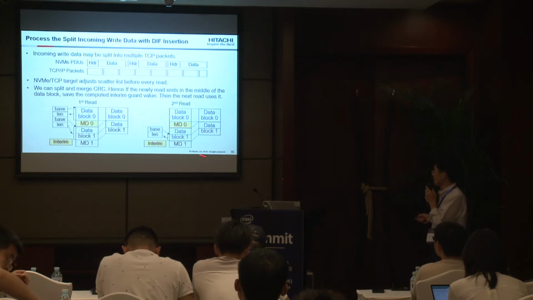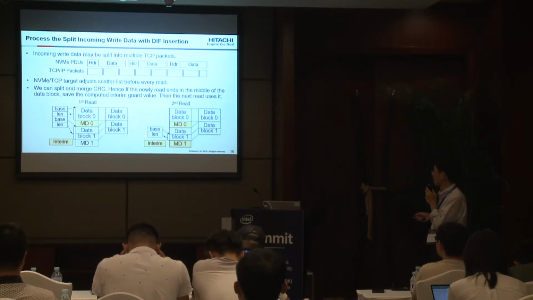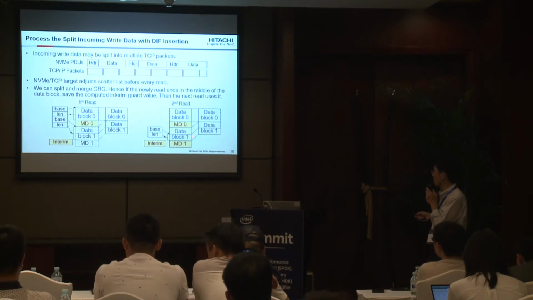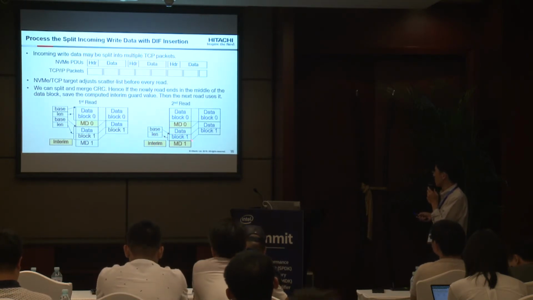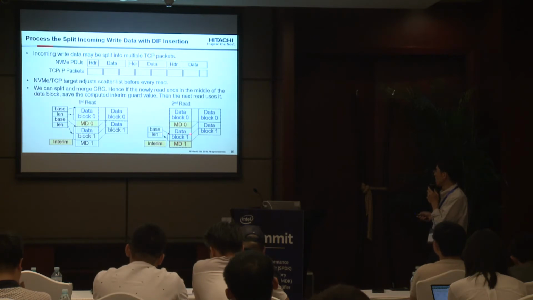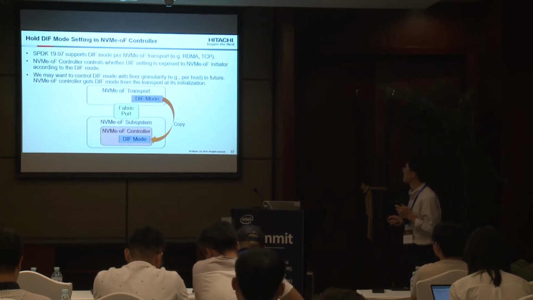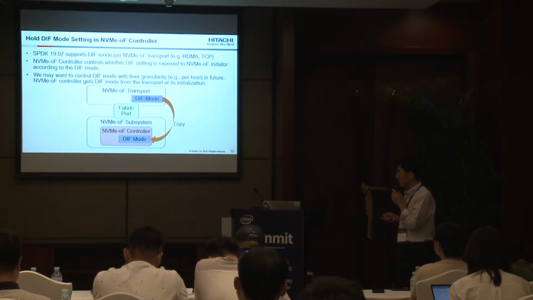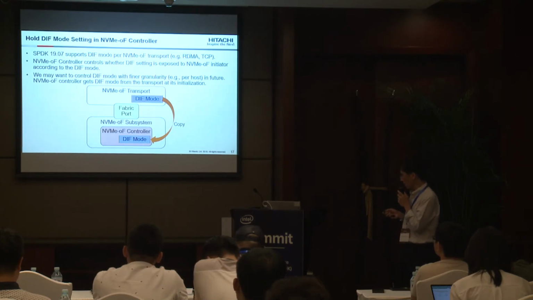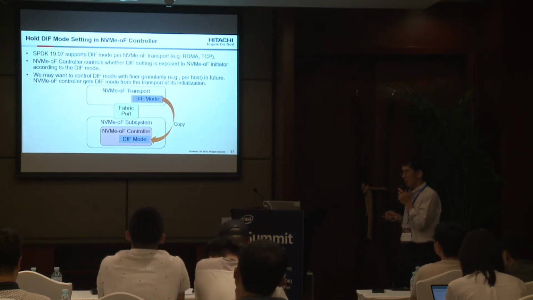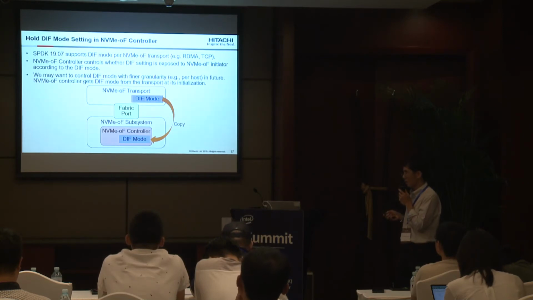And fortunately, in this case, we could read the remaining data block 1. By combining this saved value and the newly computed value for this block, we get the complete computed value, and we can insert the DIF value into this area. And so this page shows the second difference I explained a few pages ago.